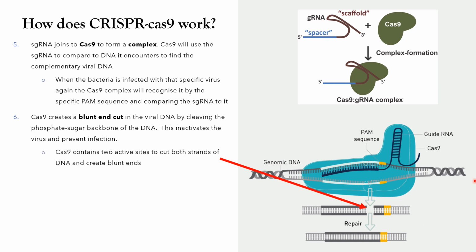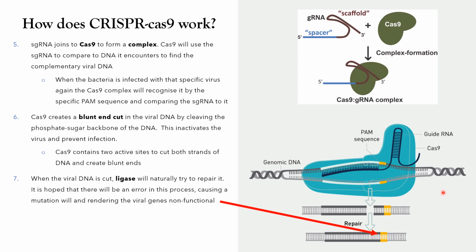And this inactivates the virus and prevents infection, because we know that DNA is the code for proteins. So if the virus cannot make its proteins, it cannot be used. So it's useless. Cas9 contains 2 active sites, so it will cut both strands of the DNA and create that blunt end cut.